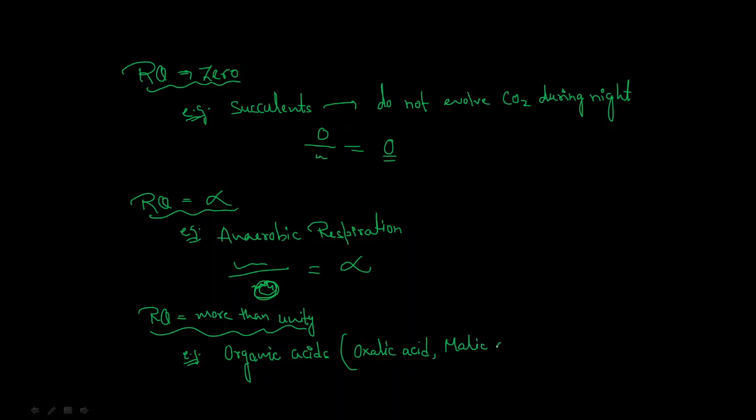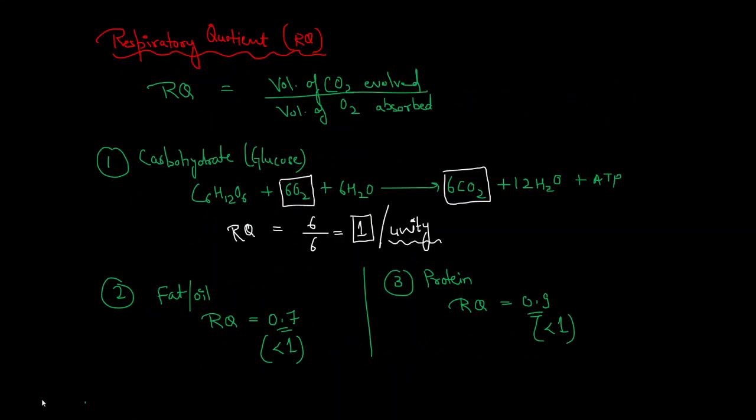When the substrates are organic acids, the RQ will be more than unity. So this was all about respiratory quotient. Please remember that it is the ratio of the volume of carbon dioxide that is getting released to the volume of oxygen that is going to get absorbed during respiration.